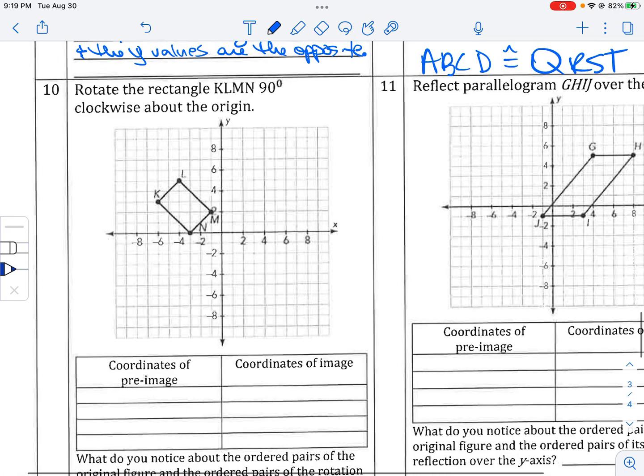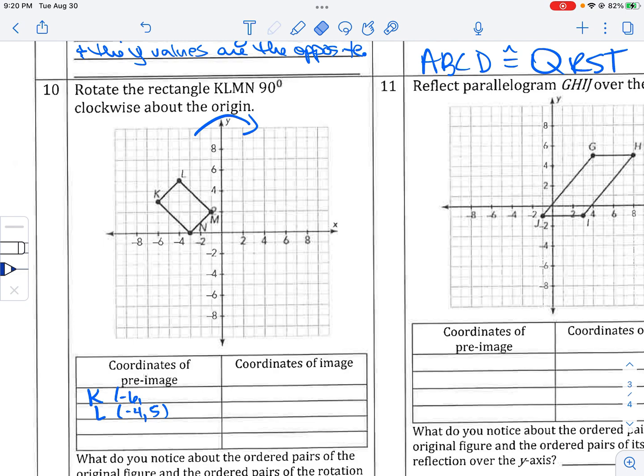Okay, rotate this 90 degrees clockwise. So I'm going to go this direction this time. The K value on this one is negative 6, 5. The L value, I think these are the same. Negative 4. Oh, sorry. This is a 5. The K value I did wrong.